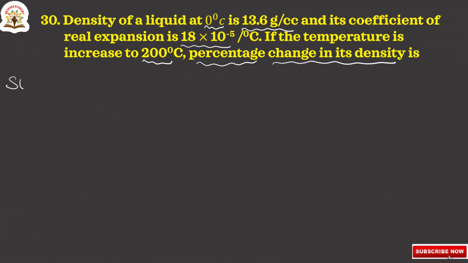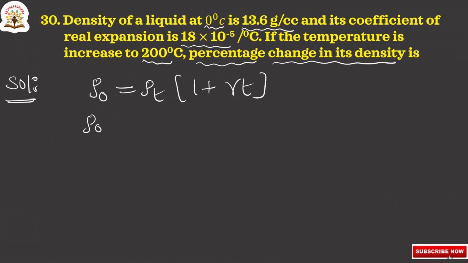Now let us go to the solution. Density at 0 degree centigrade rho naught is equals to rho t of 1 plus gamma t. Now this can be written as rho naught by rho t minus 1 is equals to gamma t.